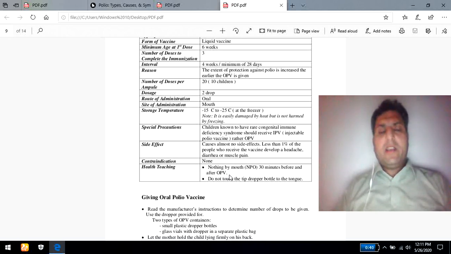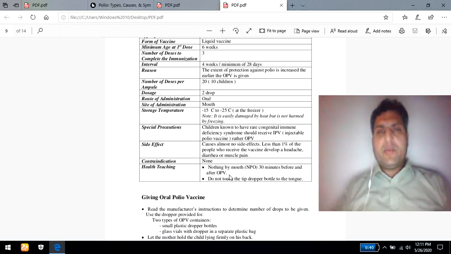Basically, as poliomyelitis is a contagious infectious disease, a specific RNA virus is responsible, related to the family Picornaviridae, and enterovirus is the genus of this. This virus basically has 3 serotypes, PV1, PV2, PV3.